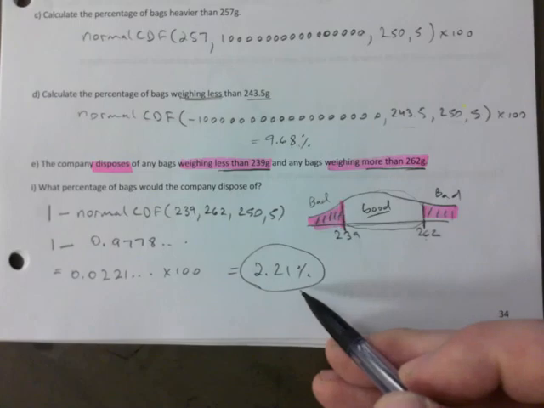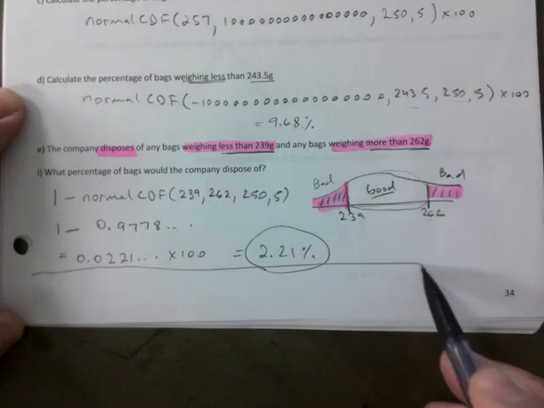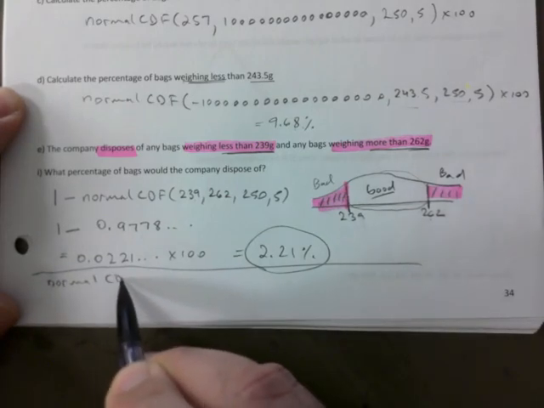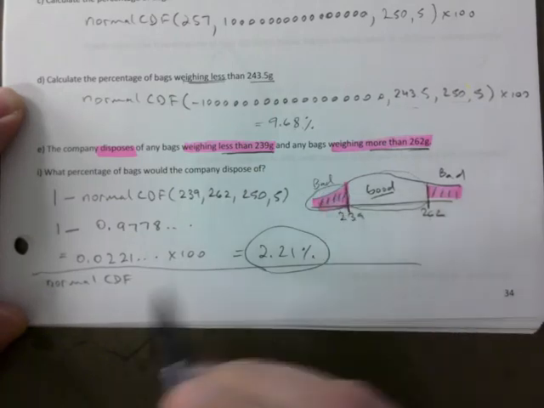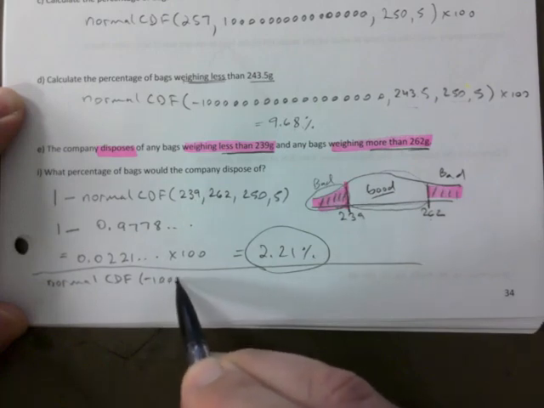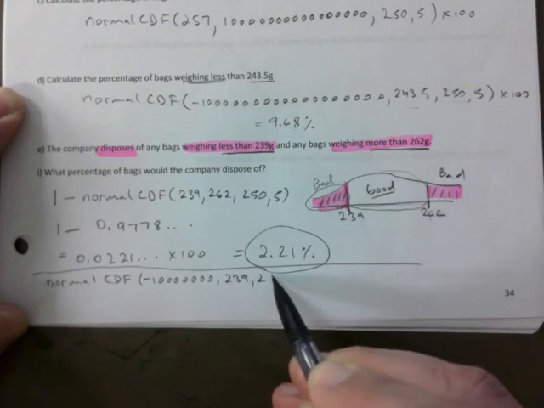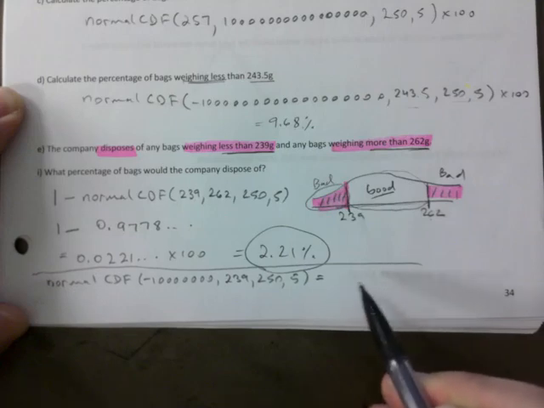This is one way of doing it. The other method, or I should have left more space, is you go normalcdf. So if I want to figure out this part, I'm going to go negative, a really small number, to 239, 250, 5, right? I figure out what that is.